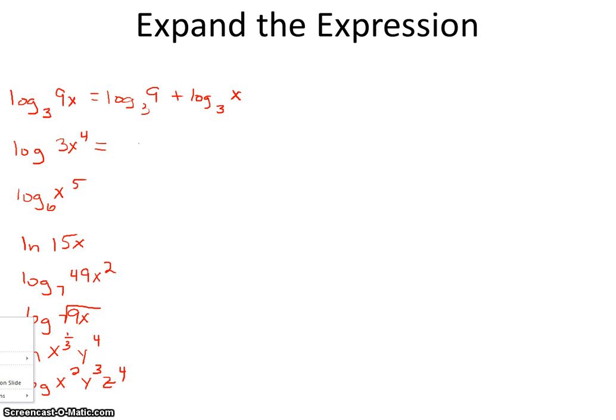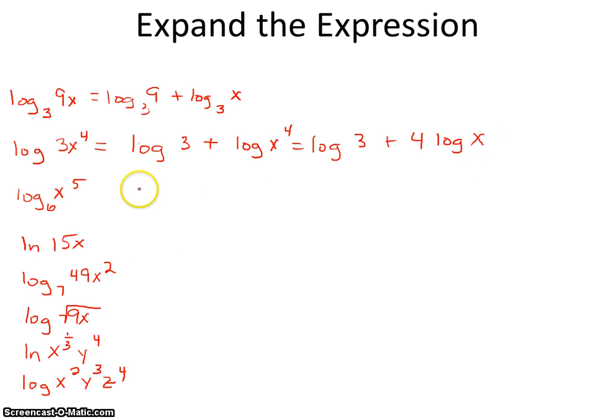So we have log 3 plus log x to the 4th. Now remember I didn't write the 10 because it's implied. This is the common logarithm. So then I have log 3 plus 4, because now I'm using the power property, log x. Alright?